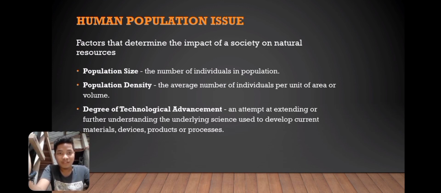So the next one is the population density. This refers to the average number of individuals per unit of area or volume. Now ito naman, ang example nito is, let's say sa isang syudad, no, since maraming trabaho sa syudad, maraming opportunity, yung mga tao na galing sa probinsya pupunta doon at magtratrabaho.